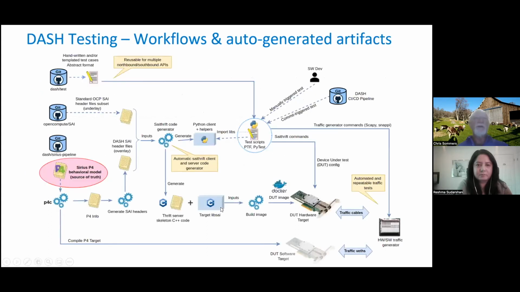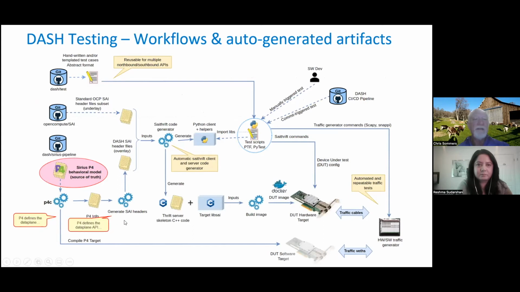This diagram shows one view of the workflows for test case generation and running. Let's start over here with the P4 code that describes the data plane. It's a source of truth for many things. It defines the data plane behavior itself, packets in and packets out, which we will actually run on P4 targets in software.